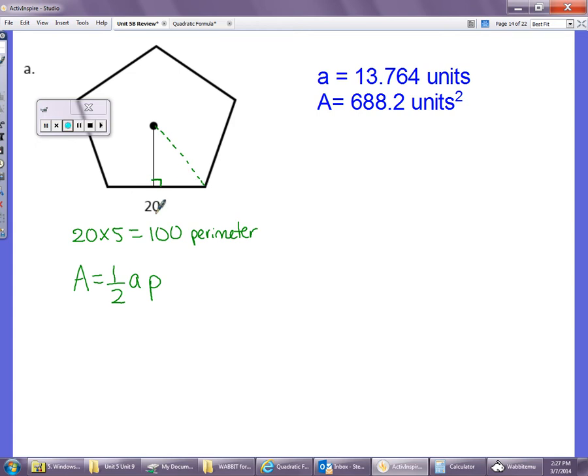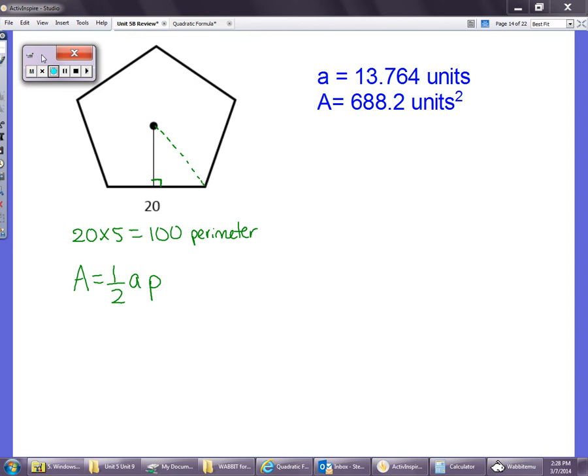But I can't do Pythagorean theorem because the angle measurement is going to be different. You know, Pythagorean theorem, we don't really care about angle measurement. But in this case, we need the angle measurement to get the apothem. So in order to get the angle measurement, this is a pentagon. Pentagon has 5 sides. So we use this formula to figure out how many degrees are in each angle.